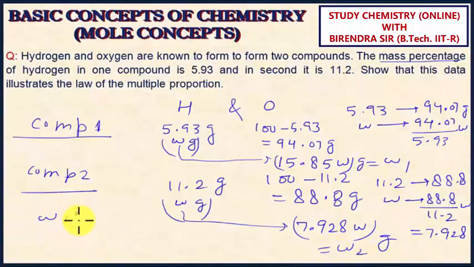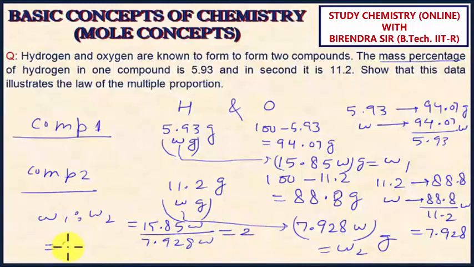So W1 upon W2 comes as 15.85 W upon 7.928 W. This is 2. So the ratio is 2 is to 1. Hence, the given data is according to the law of multiple proportions.